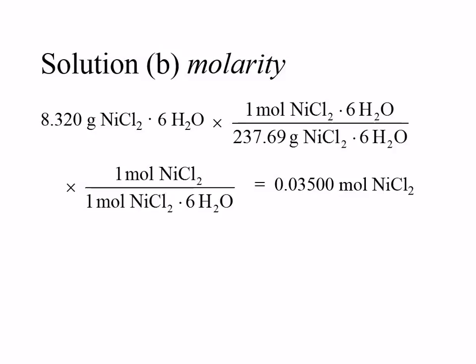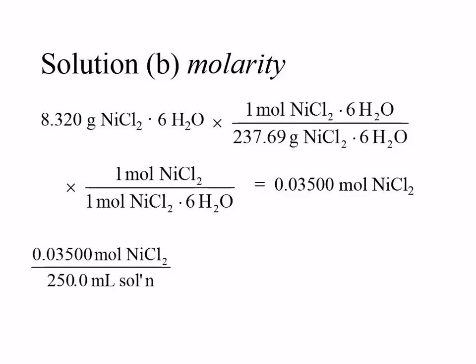Okay. So now to get to molarity, which is B, I just take moles divided by the solution volume. So I'm ready to take that and divide it by my 250.0 milliliters of solution. So 0.03500 moles NiCl2 divided by 250.0 milliliters solution.